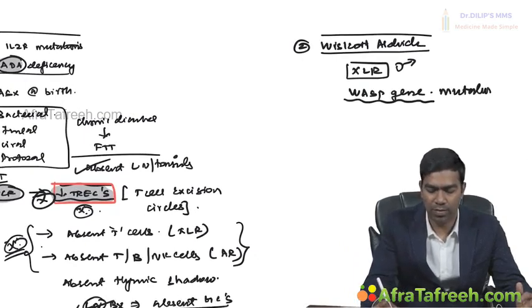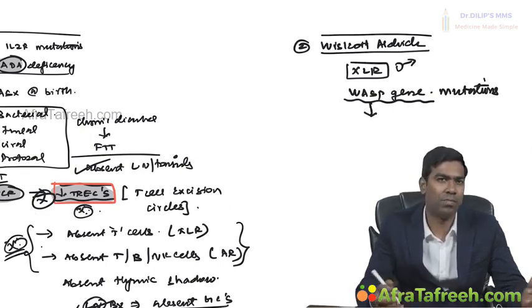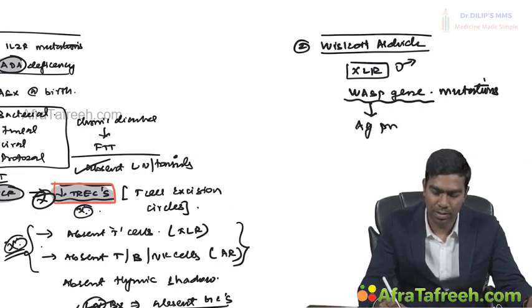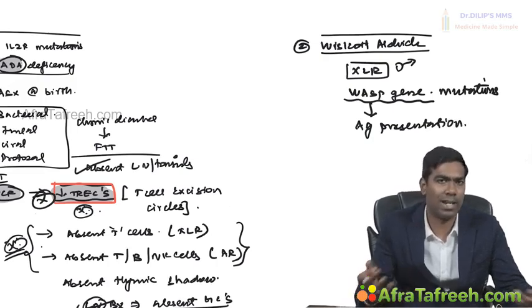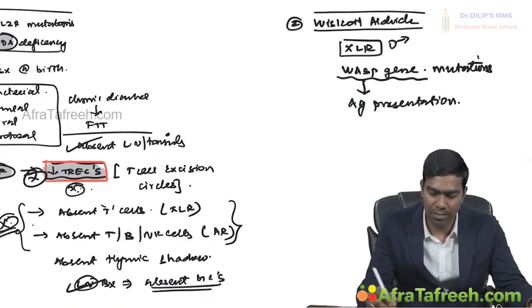All these are exam questions. WASP gene mutations, because the WASP gene is one thing that is helpful for antigen presentation. The protein it produces is very important for your antigen presentation. So if the WASP gene is defective, you are not going to have antigen presentation, which means reduced T cell function.